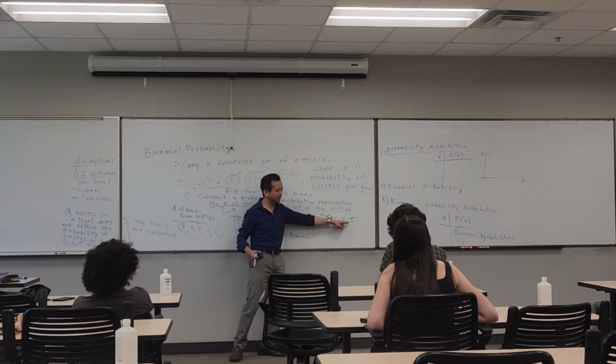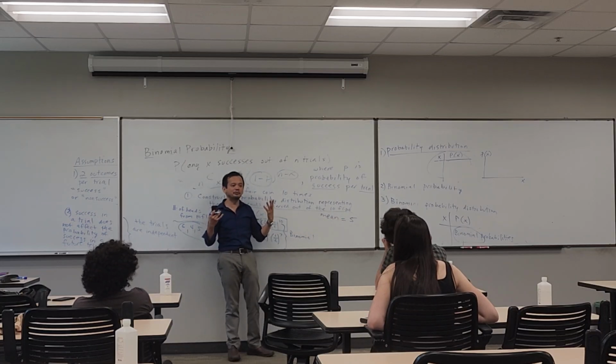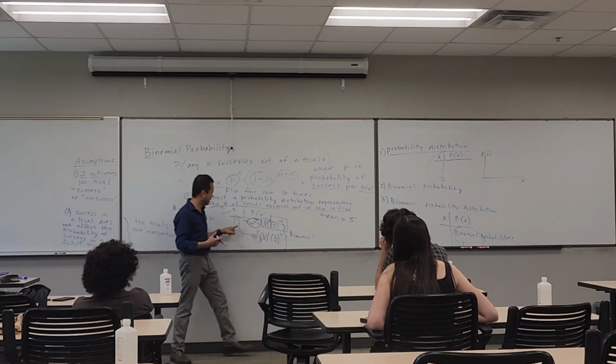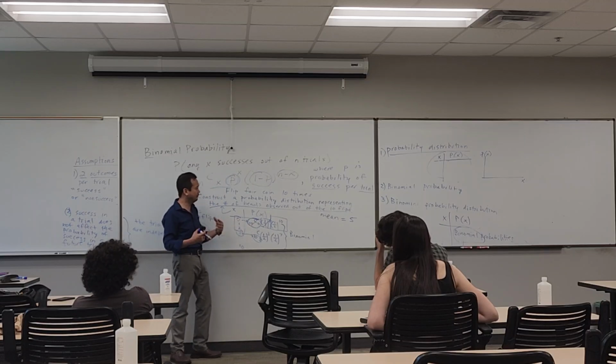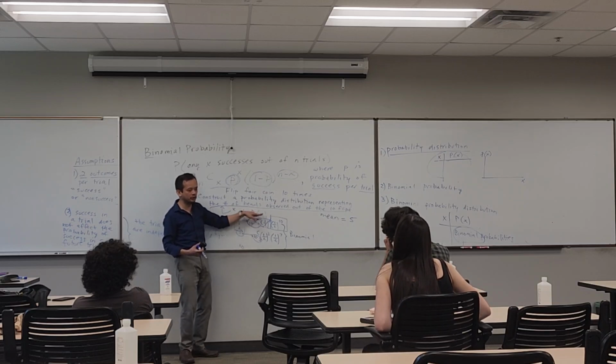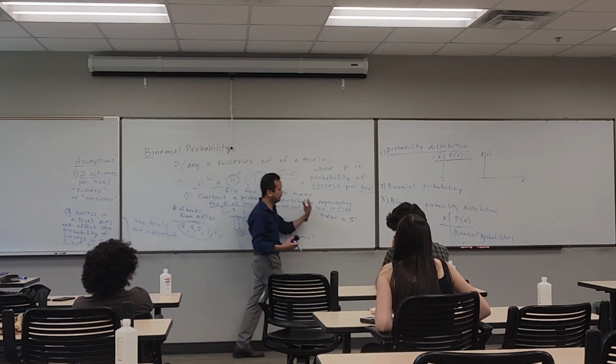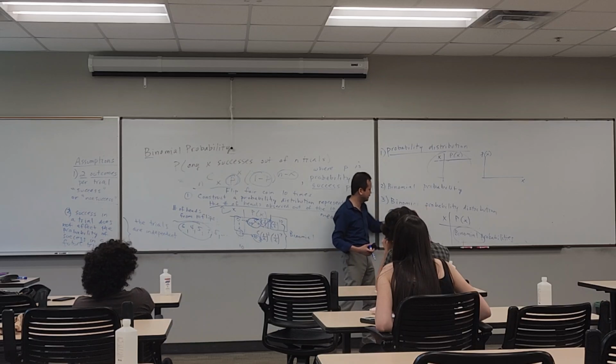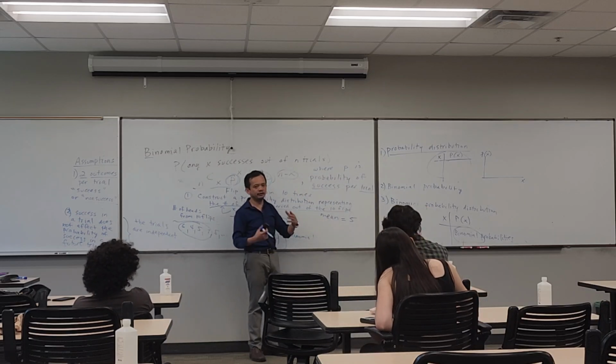But this 5, you notice that we were able to come up with it very quickly without having to do all that. So it turns out that if you have this special case where you have a probability distribution and all the probabilities are binomial probabilities, i.e., if you have a binomial probability distribution, then finding the mean is very easy.